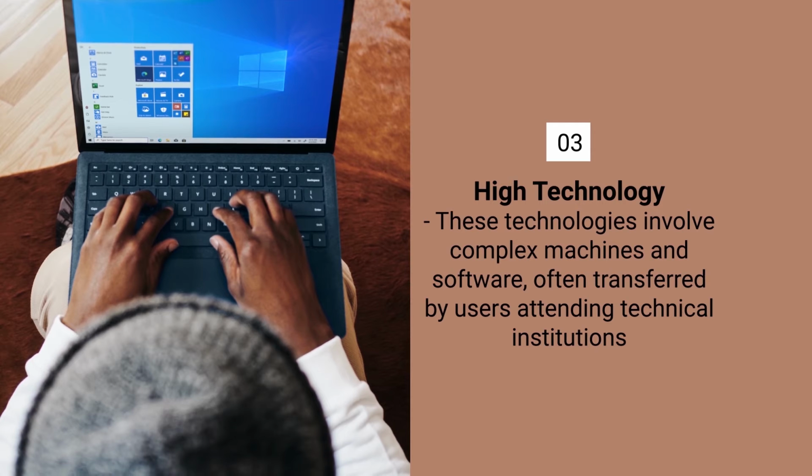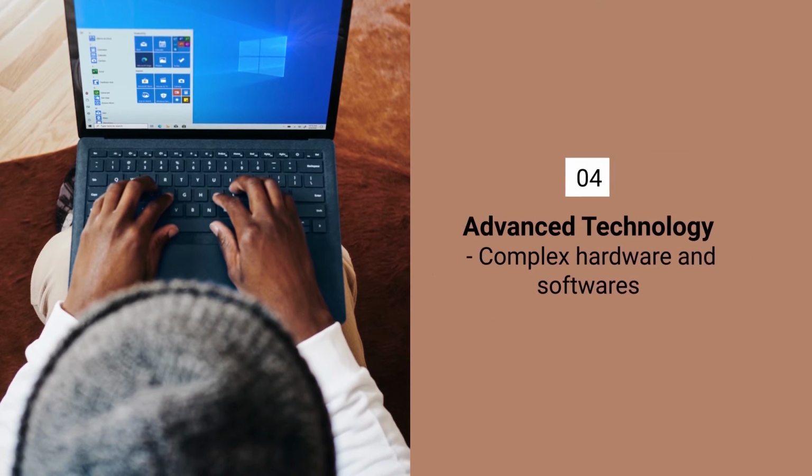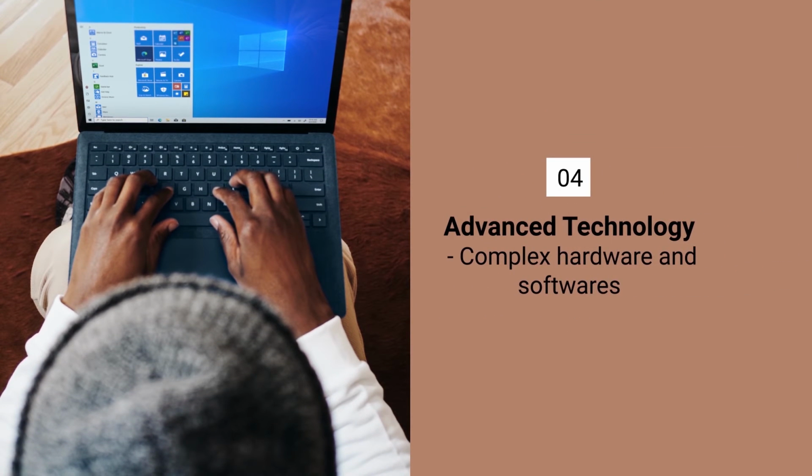And fourth category is of advanced technology where complex hardware and softwares are to be dealt with. So, there are 4 categories of hardware and software. Now, next let us see what about the peopleware or the manpower part of technology.